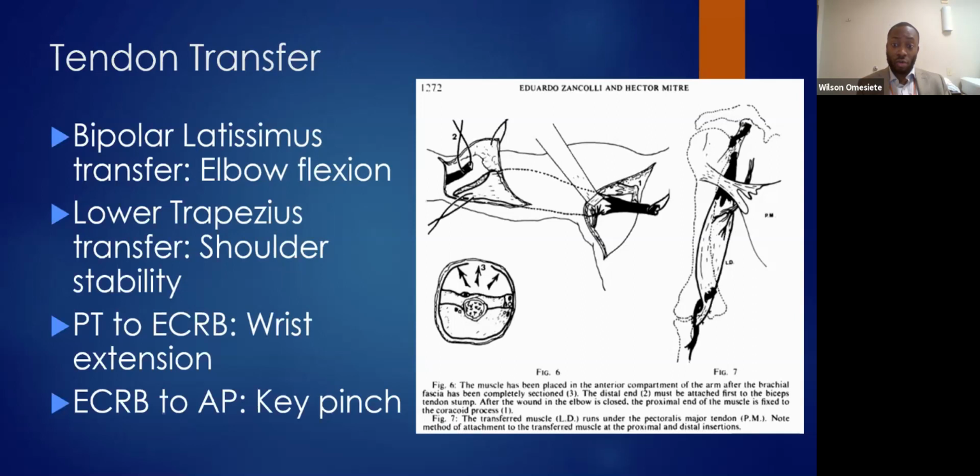But when there's completely absent elbow function, bipolar latissimus transfer, which was developed in Argentina in the 70s and shown here, can be employed by rotating the muscle on its neurovascular pedicle and then securing the origin of latissimus to the biceps tendon distally, resiting its insertion near the coracoid process proximally. This serves to both generate elbow flexion and provide a small degree of stability at the shoulder.